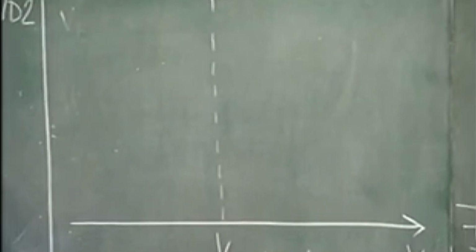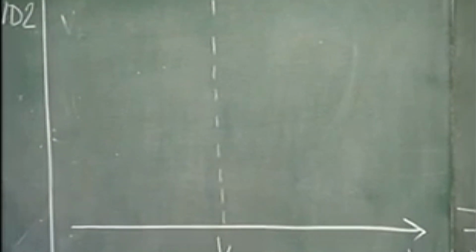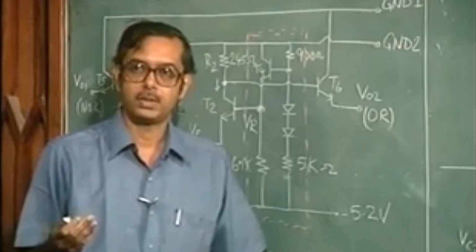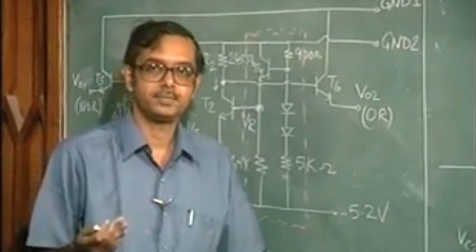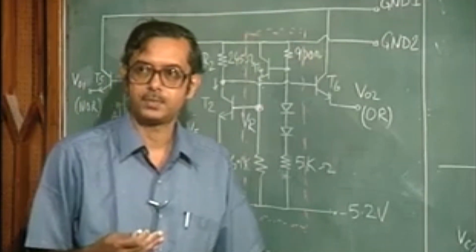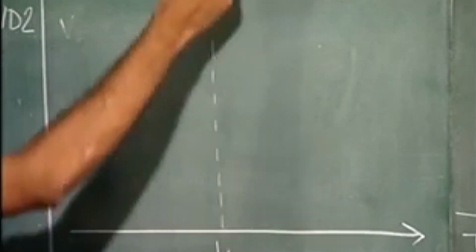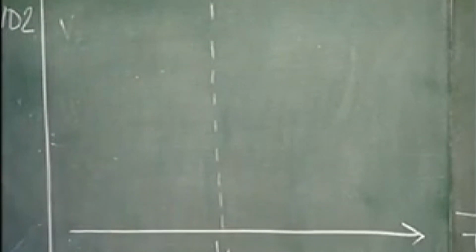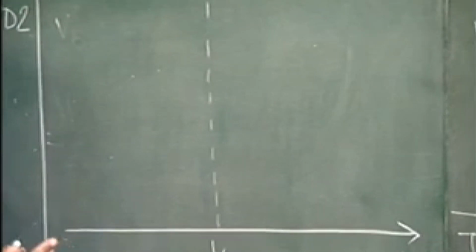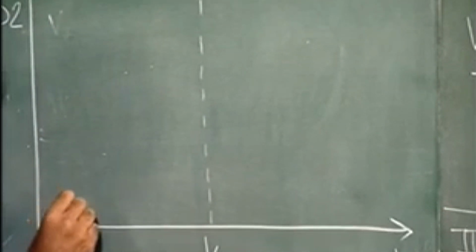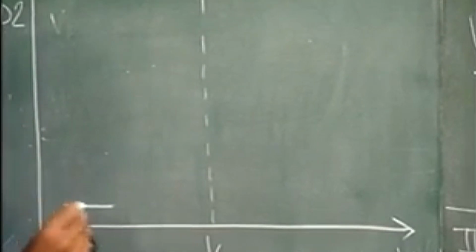And then what happens? Suppose we are plotting the OR output. For the OR output, when the input is low, the output is also low, and then it goes high. When the input is low, what is the output voltage? That is equal to logic low, minus 1.74 volts, correct. So, this is going to be minus 1.74 volts.